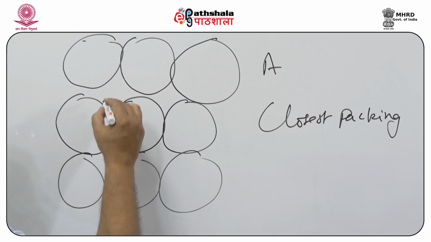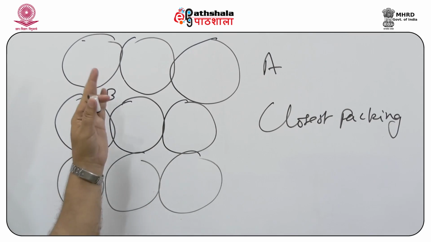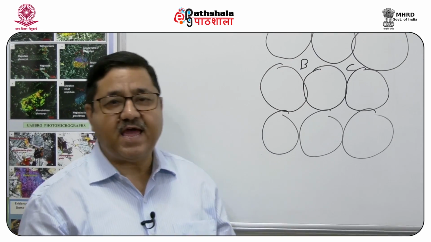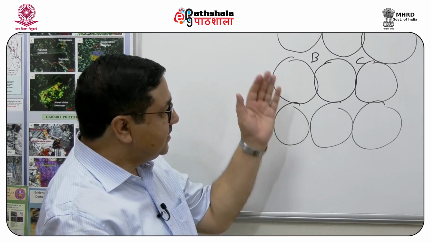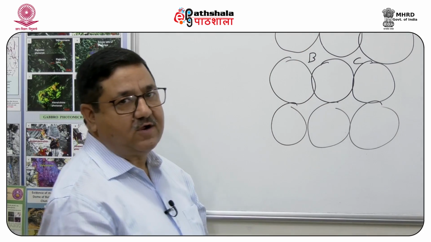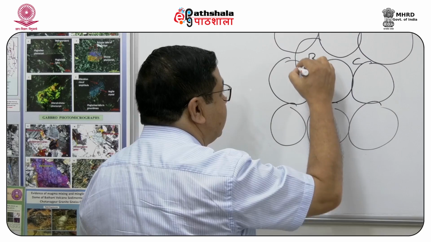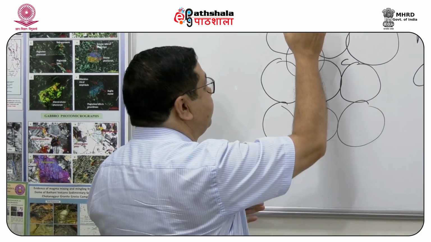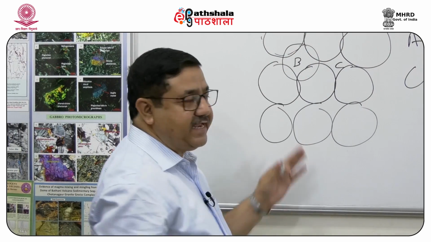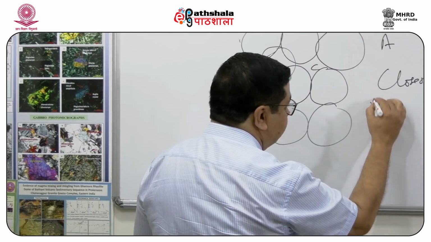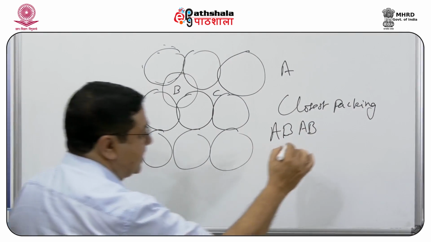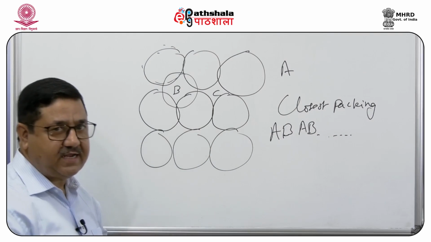So, we can consider them as the spaces designated as B and C. Now, we can have a situation where the second layer is placed over the vacancy position B, and if after the second layer the third layer is again placed over A, then it leads to a repeat of AB layers, and it becomes an AB kind of arrangement.